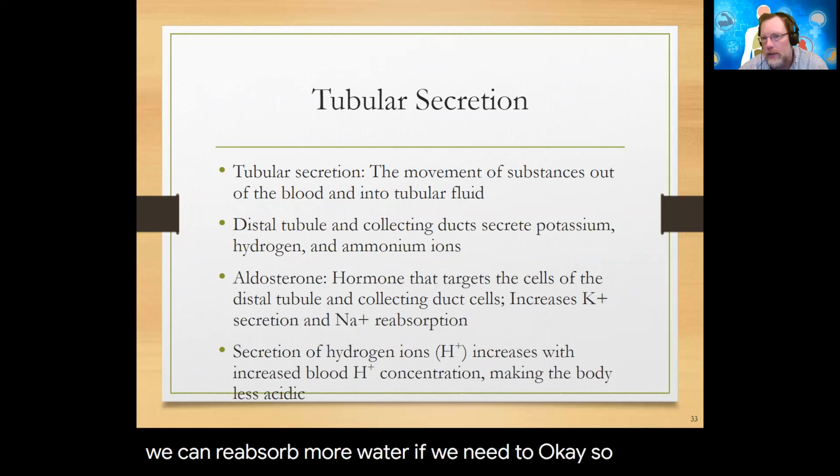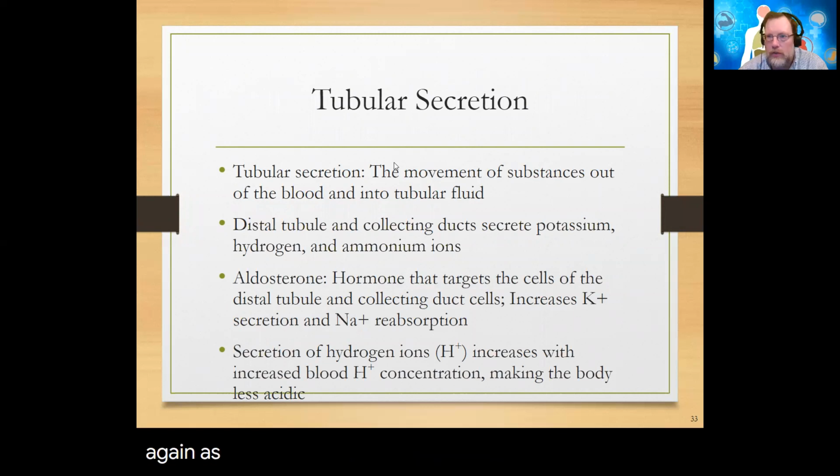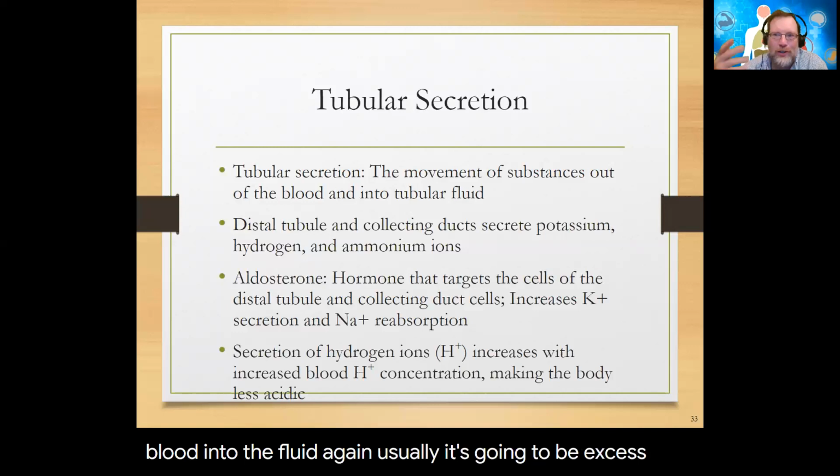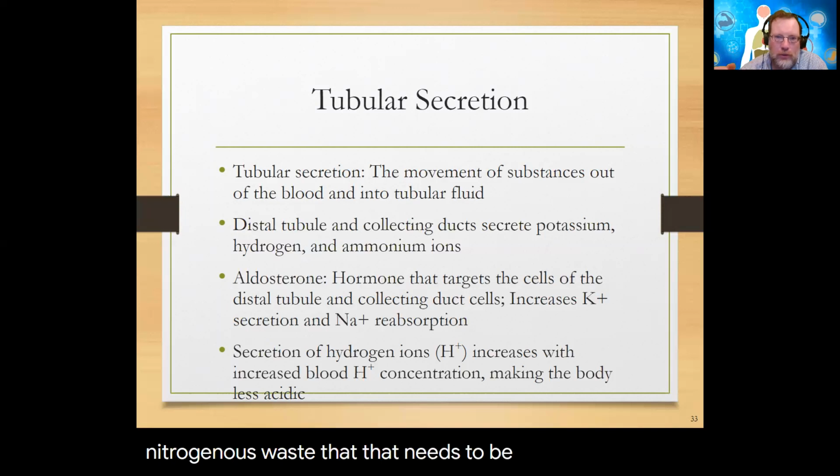Okay, so lastly, again, is secretion. So reabsorption, step 2. Step 3, tubular secretion. Again, moving things out of the blood into the fluid. Usually it's going to be excess nitrogenous waste that needs to be pulled, ammonium ions, okay?